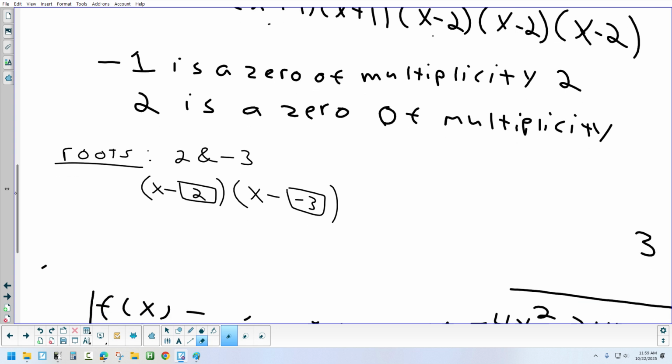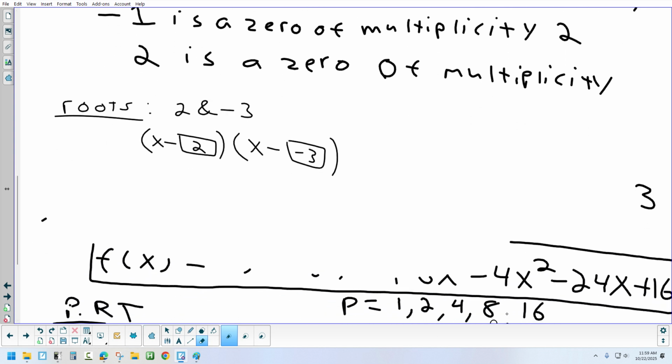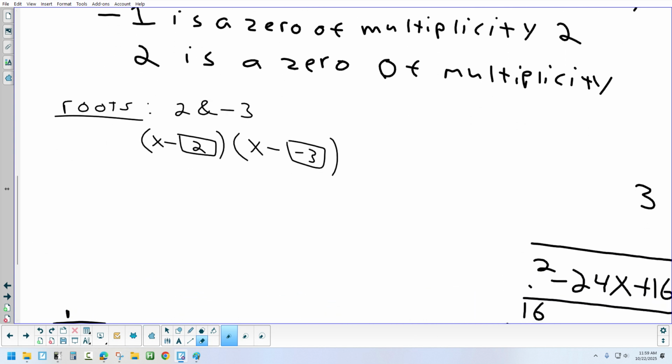So now I want to do the same thing, but with imaginary roots. All right, so let's say I had roots of 2 plus i, and what else do you know has to be a root if 2 plus i is a root? 2 minus i. You know 2 minus i has to go with it.